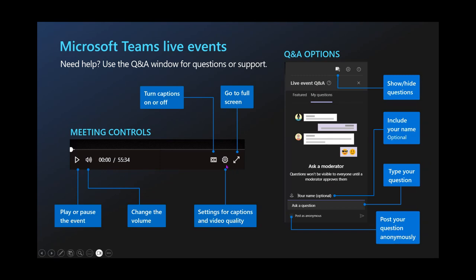That second settings cog symbol will be how to actually go in and tailor those settings for your captions as well as your video quality. And that last symbol is that double arrow, which is going to allow you to expand or collapse from full screen or minimize that screen for you.